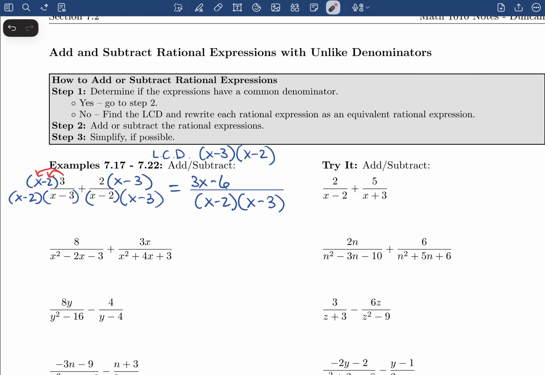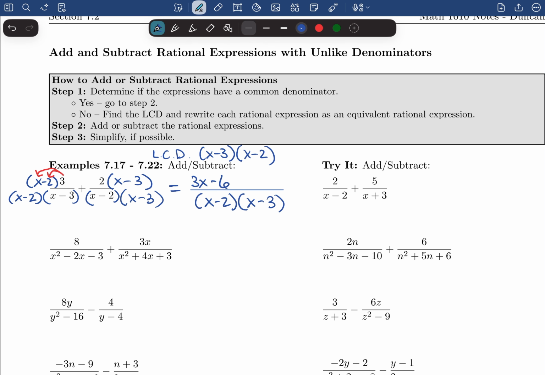I see the operation of addition here. This is important because if this was subtraction, I'd have to distribute the negative into both terms. But in this case, it's addition, so I don't have to worry about it. So I add a 2 times x and a 2 times negative 3 in the top, which is negative 6.